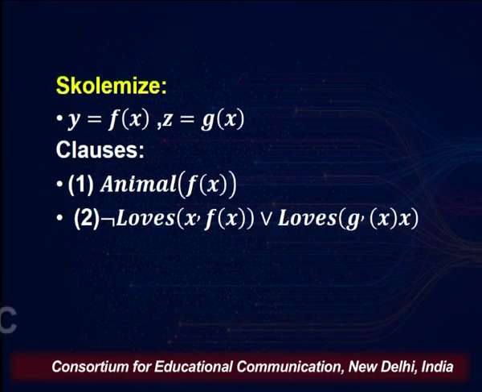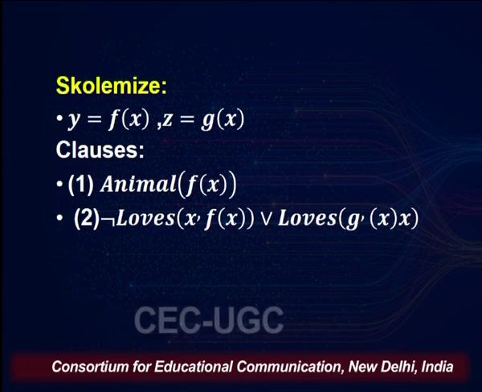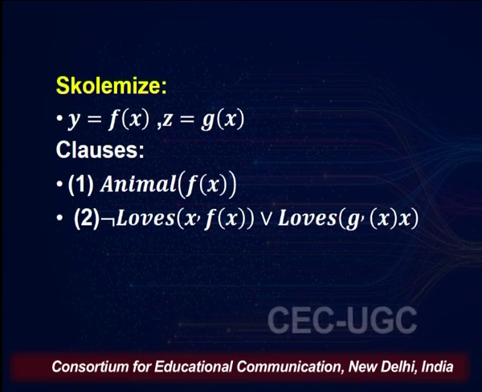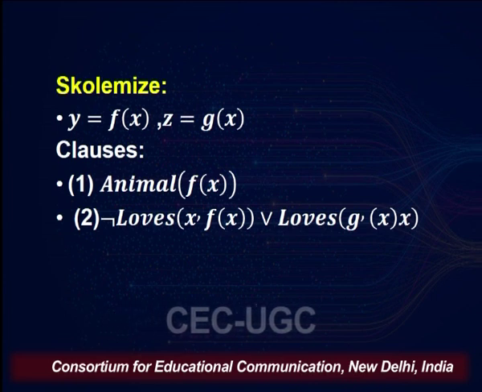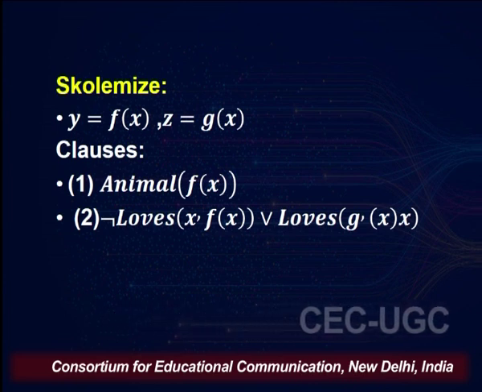The third step in conversion of FOL to CNF is Skolemization. Here we are using f(x) in place of y and g(x) in place of z.